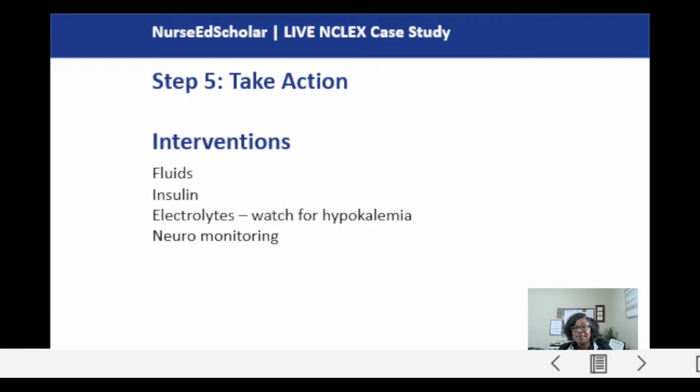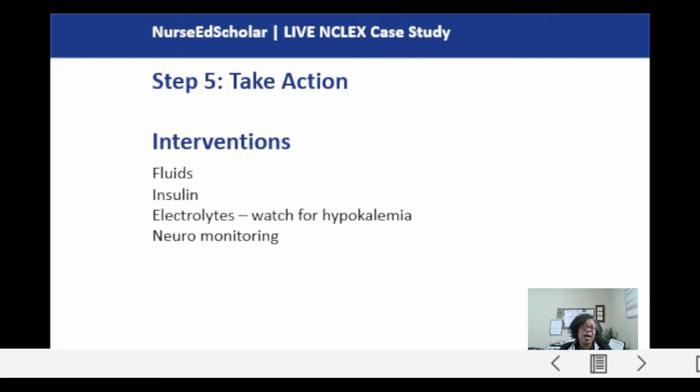Now, five, we've gathered all this information. Now we're taking action. And we've already talked about what the priority is on this patient. We are going to give them IV fluids to restore their circulation and improve kidney function. And then as that's occurring, you may see some orders to start giving the patient some insulin.